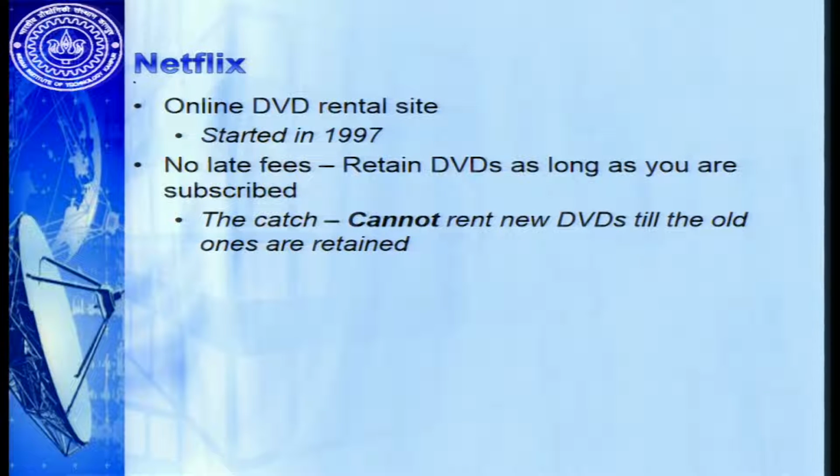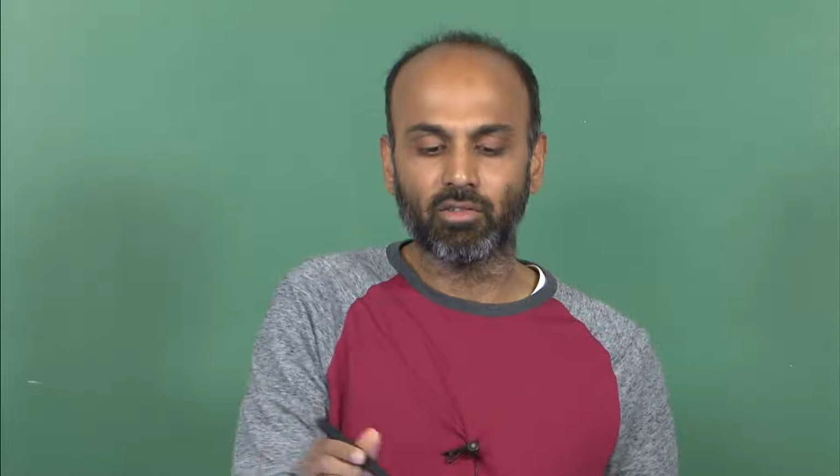Now, coming to our original problem, recommender systems are everywhere. On any e-commerce website, any video website, recommender systems are everywhere. One particularly interesting application we are going to talk about is Netflix.